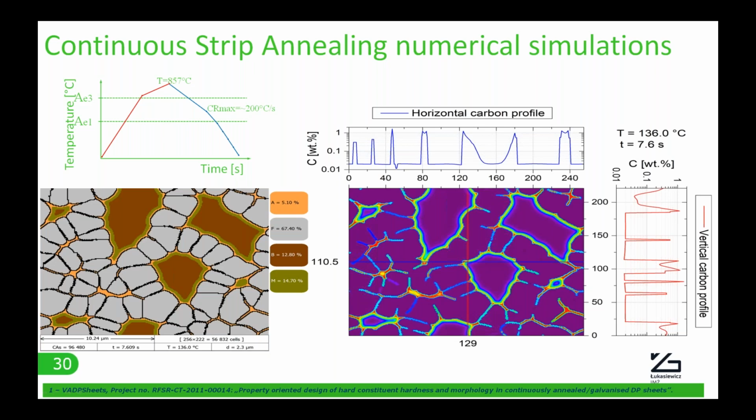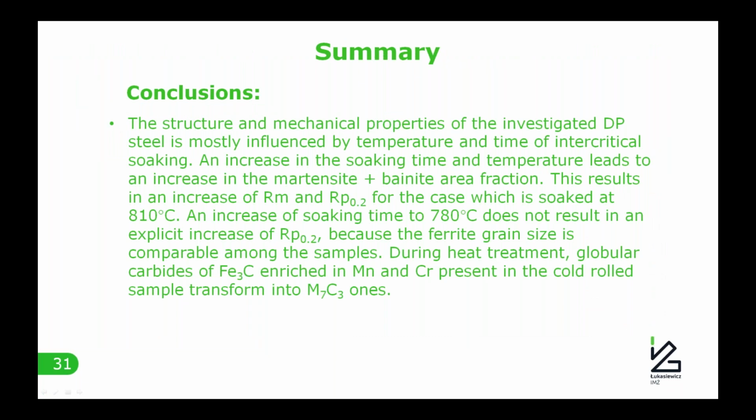Summarizing. The structure and mechanical properties of the investigated DP steel are mostly influenced by temperature and time of intercritical soaking. An increase in the soaking time and temperature leads to an increase in the martensite plus bainite area fraction.